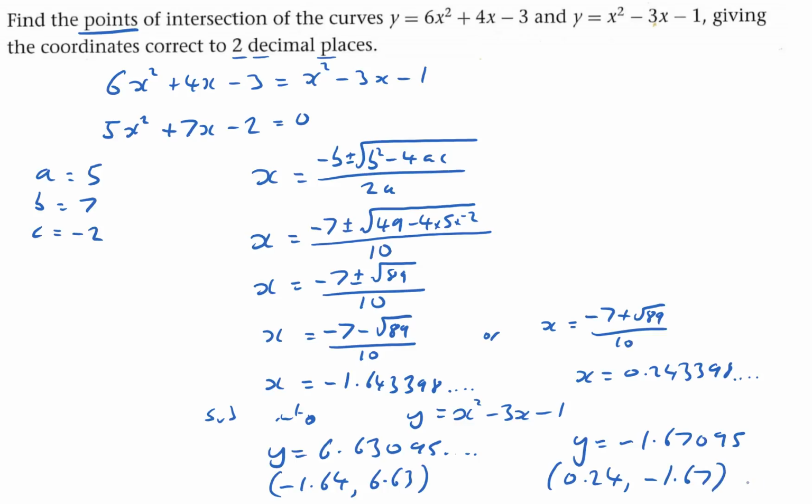Now, interestingly, if you don't put in the exact value here, I kept it in my calculator. If you had typed in minus 1.64 as x, then y would have come out to be 6.6096, which equals 6.61.